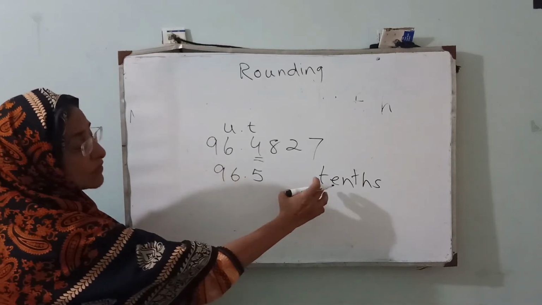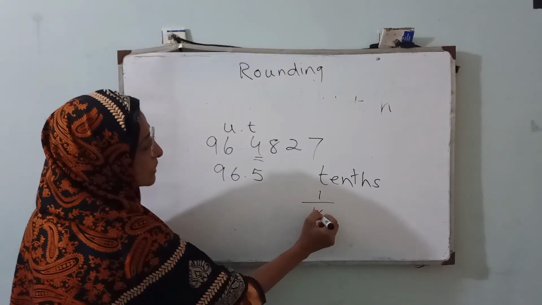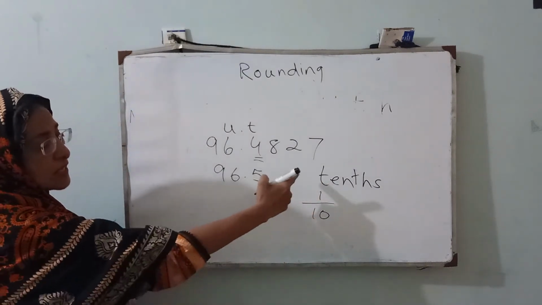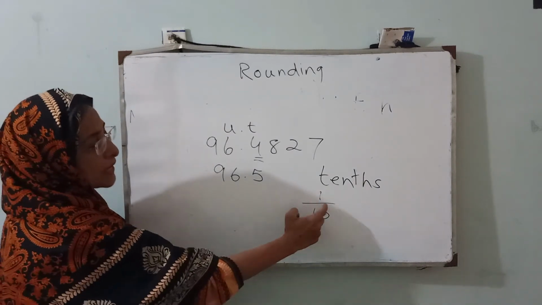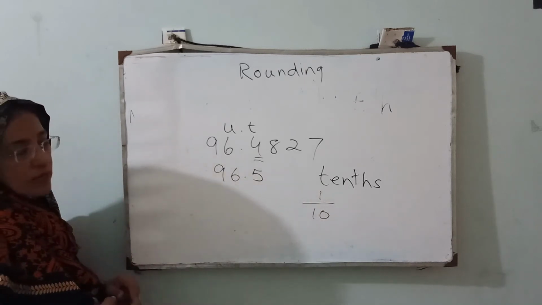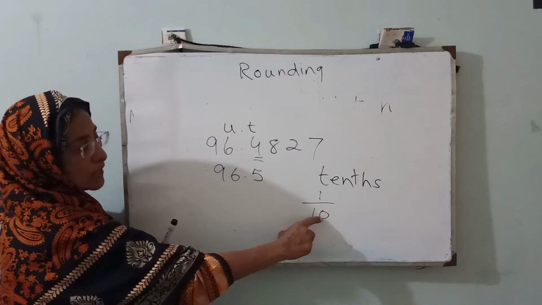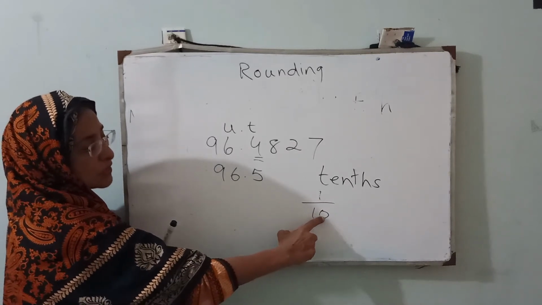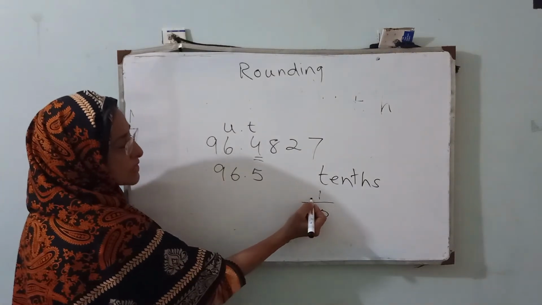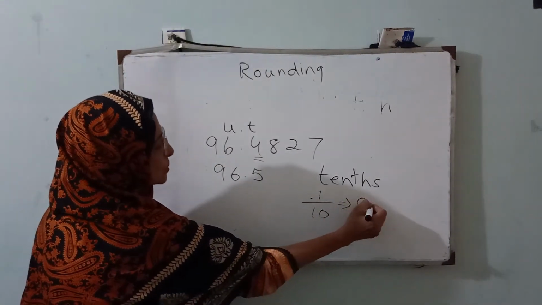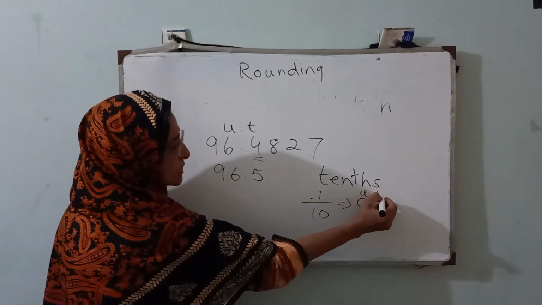Now, if in your question it is given that you have to round your number to 1 by 10, you must have seen in my previous lectures that when I convert it into decimal, 1 by 10 is equal to 0.1. 0.1 means the tenths place.